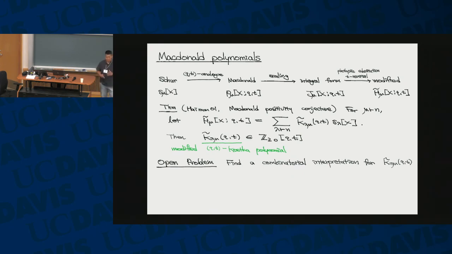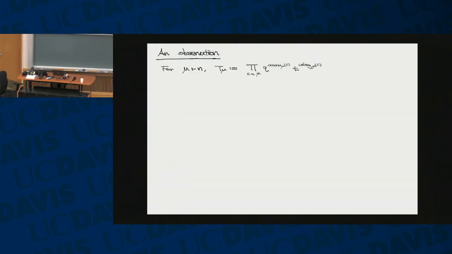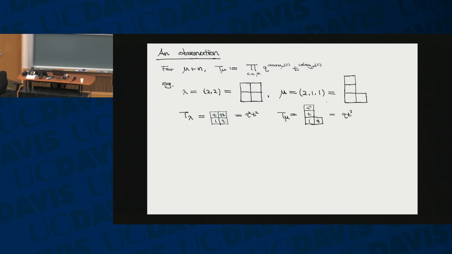And I'll introduce one observation that might hint at such a formula. Let's say T mu is a product of Q to the coarm, T to the coleg. So, for example, if you have a partition 2, 2, T lambda is a product of 1, Q, T, and Qt. So it's Q squared, T squared. And T mu here is Q times T to the third.